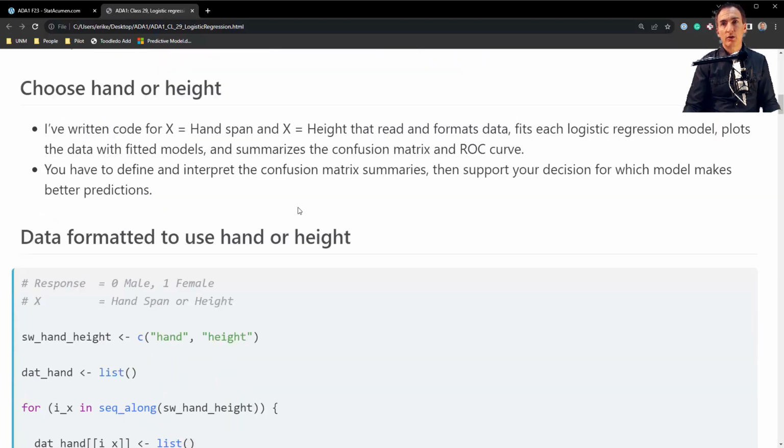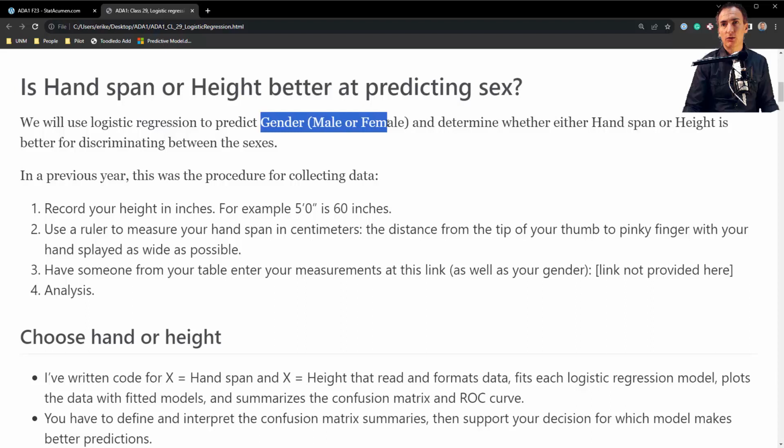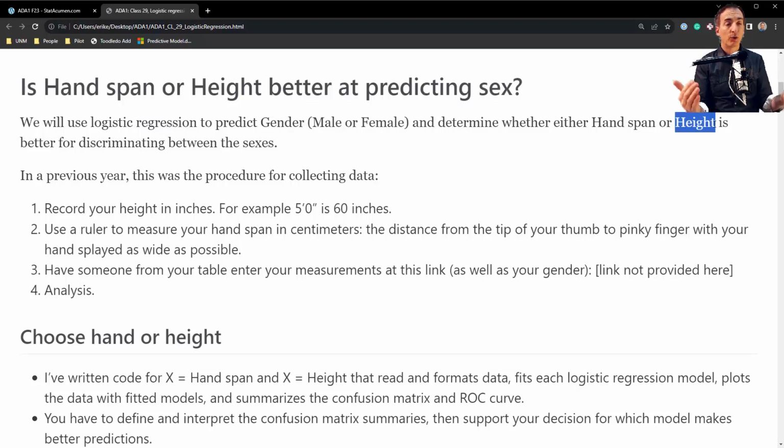And we are going to, oh, you know what? You don't have to choose anything. In fact, this title may be different by the time you get here. But I'm going to fit two models, one that predicts sex or gender from hand span, and the second will predict gender from height. Okay, so for example, if you saw a silhouette of someone and you only saw their height, could you use that information to predict whether that person is male or female?